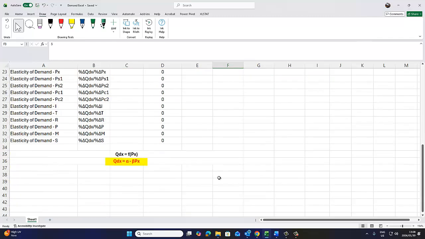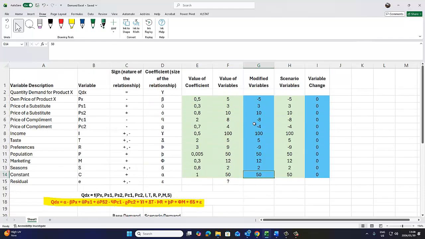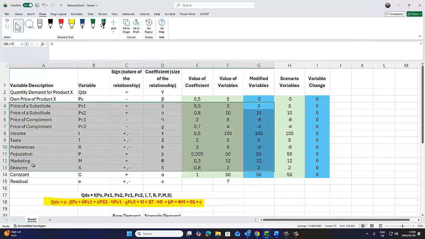Okay. So where the constant at this moment is 50, these values here, those ones there, will be captured in the constant.